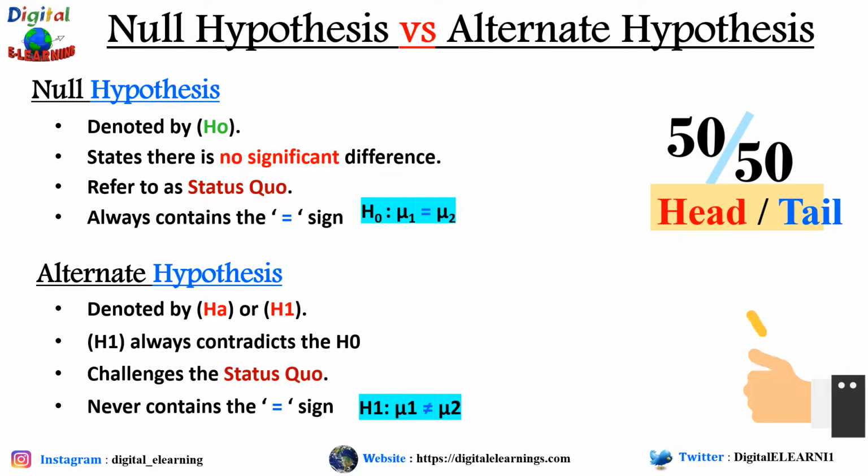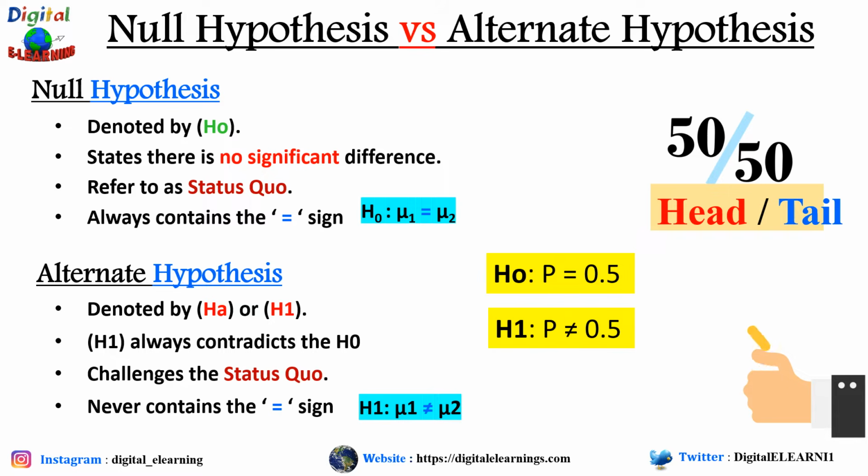So our null hypothesis is that the coin is fair, so we have p equal to 0.5. The alternate will be, we challenge the null, that p is not equal to 0.5. That means the coin is not fair. That means if we flip 100 times, we could get 70 heads and 30 tails, or 60 heads and 40 tails. So that is how you frame your alternate hypothesis and null hypothesis.